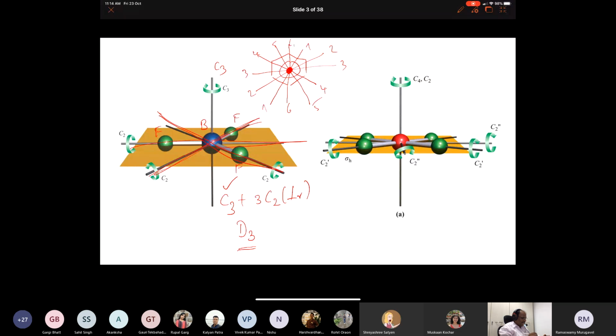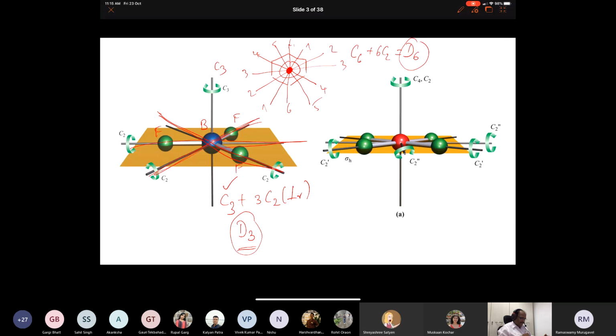So you have a C6 axis plus six C2 axes, which makes it D6. So BF3 is D3, and benzene is D6.